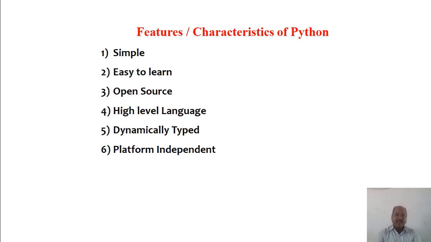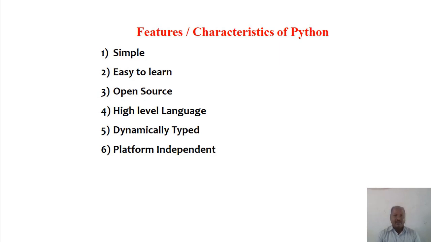Even if there are hardware changes, it is still considered platform independent. Using the Python virtual machine, anybody can run these bytecode instructions on their computer system. Hence Python programs are not dependent on a specific operating system or hardware.